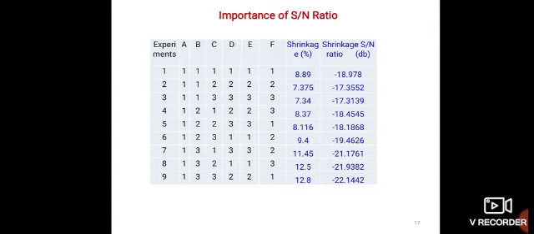So we can calculate its signal to noise ratio, and we can bring the effect of input parameters on a single scale. We can see the signal to noise ratio is in negative values, -18, -17, something like this. So on a single scale we can bring the effect of these input parameters, which helps to determine and to bring the improved quality.